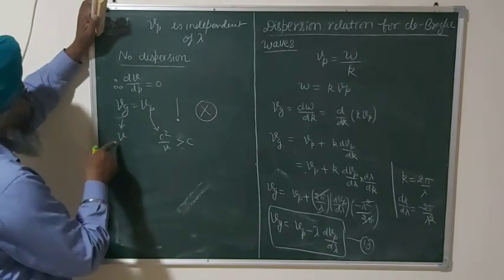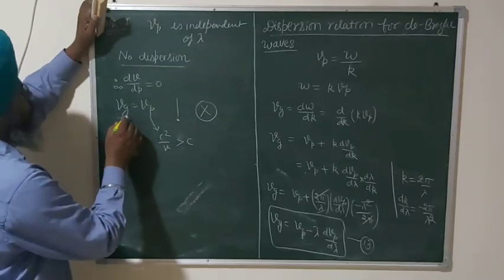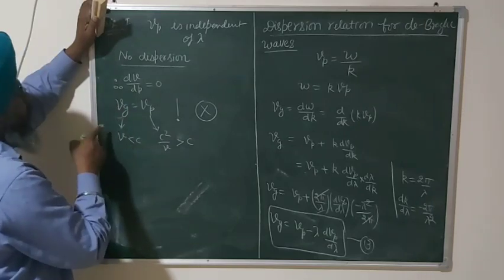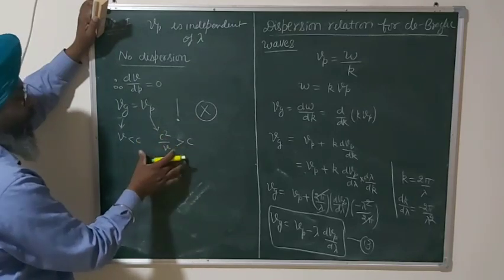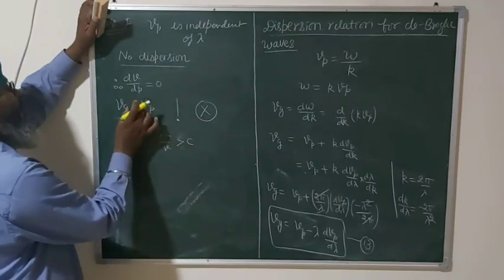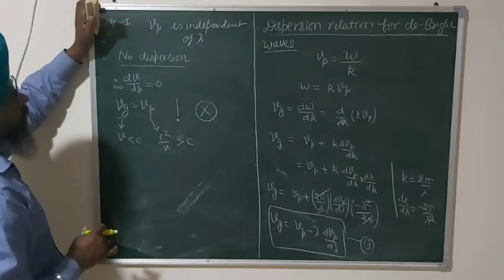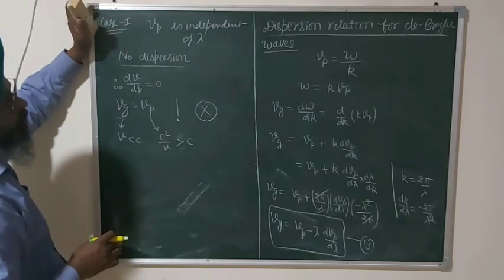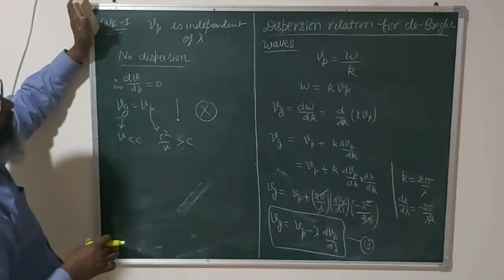And V is the speed of an object, which is always less than c. So a quantity on the left hand side of this equation is less than c, and the right hand side is greater than c, and therefore you cannot have equality between them. So I will reject this case. It means case 1, which says that Vp is independent of lambda, is not ideal for our situation.